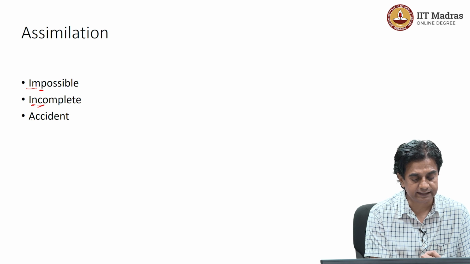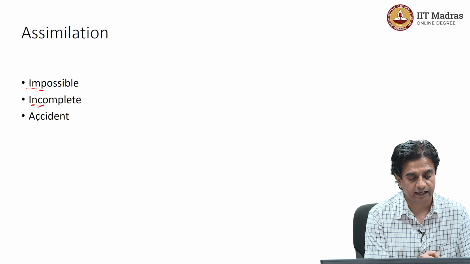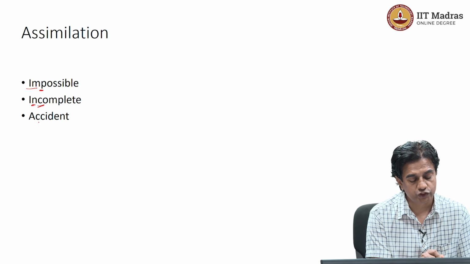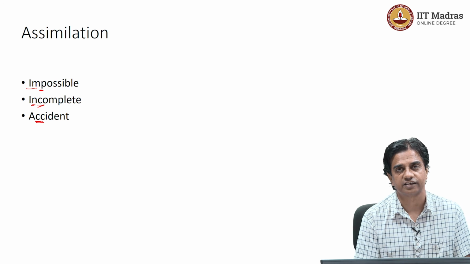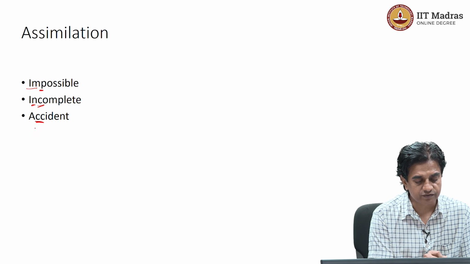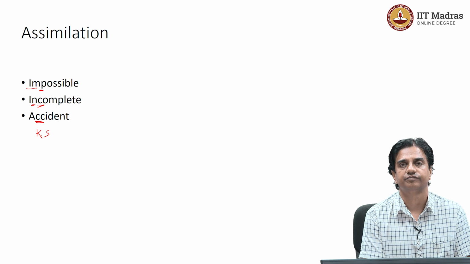And in this word accident, it looks like a cluster, but this is not a cluster because the first one is ka and the second one is sa.